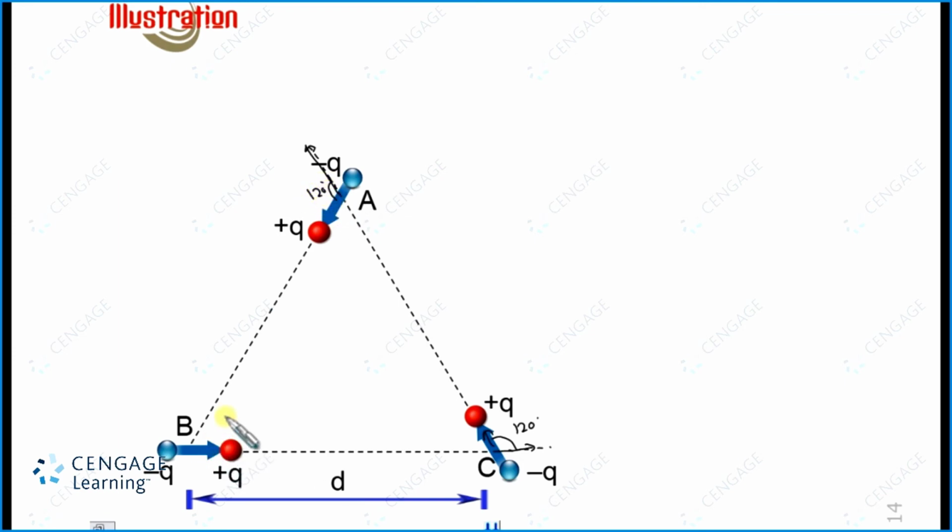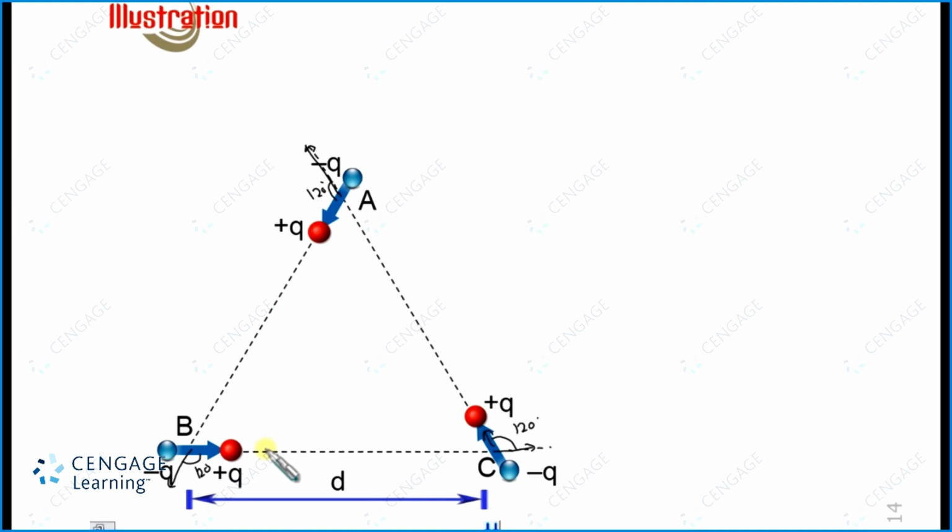Similarly, the electric field at the center of this dipole will be in this direction, that is the E vector, and the dipole moment vector is in the rightward direction. This angle is again 120 degrees. That means if we select 3 dipoles as a system, and calculate the potential energy associated with any of the pairs, then multiplication by a factor of 3 will give the potential energy of the system.